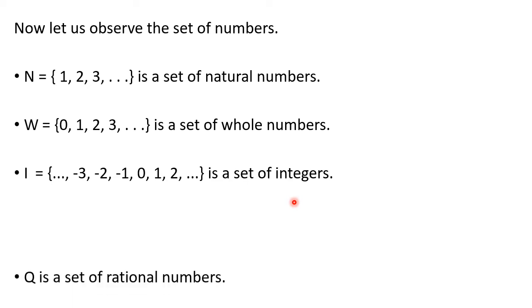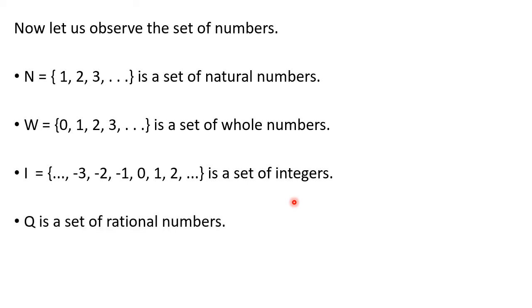After integers we have rational numbers. So Q is a set of rational numbers. But here it is not possible for us to write such elements definitely, because there are innumerable fractions. And you know that when we change the denominator, the fractions go on changing. So here the set is not written directly.